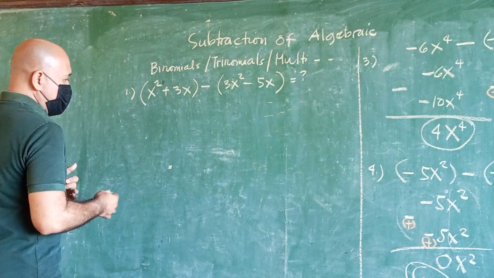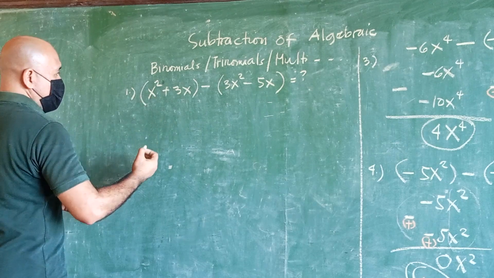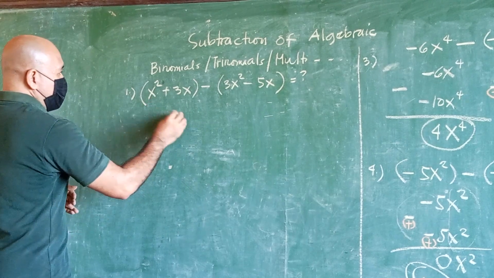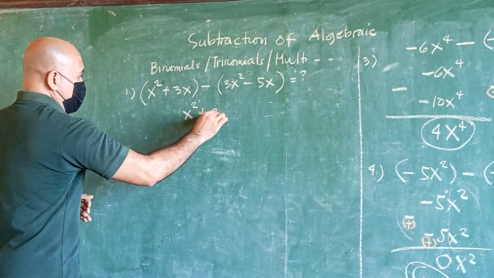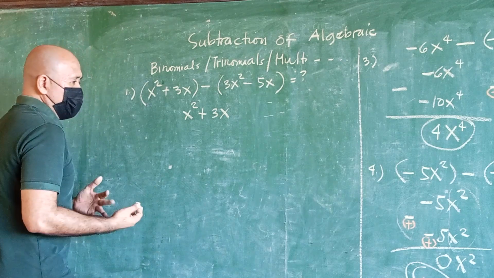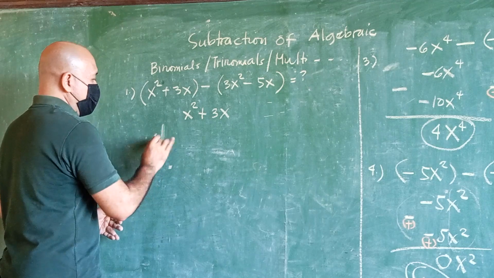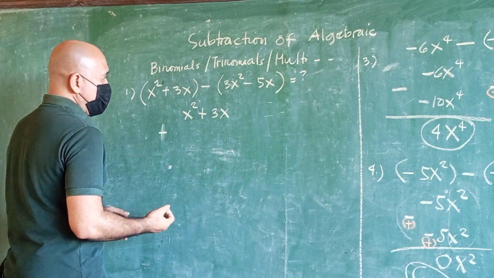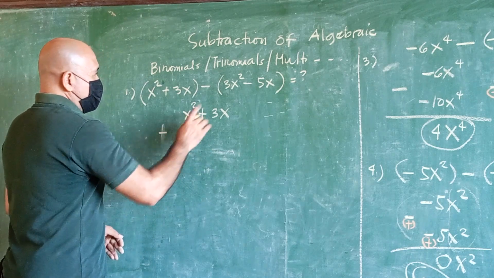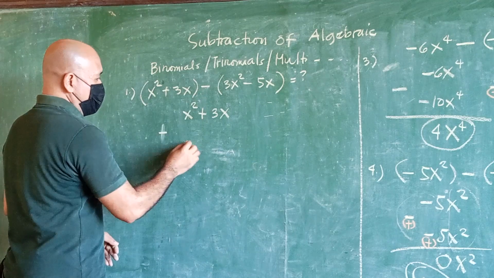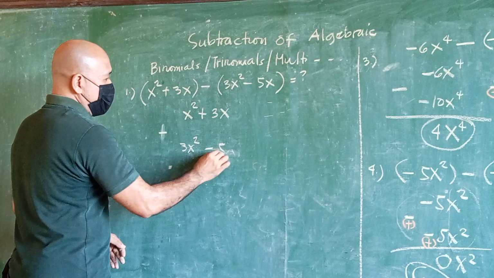Okay, do not be confused, just take it easy. The first step is, I would suggest always, that you rewrite the given into vertical, because for me, it will be easy for you to see which terms you're going to subtract or combine if they are arranged in vertical subtraction. So the second binomial is, this is the operation minus, and the second binomial is 3x squared minus 5x.